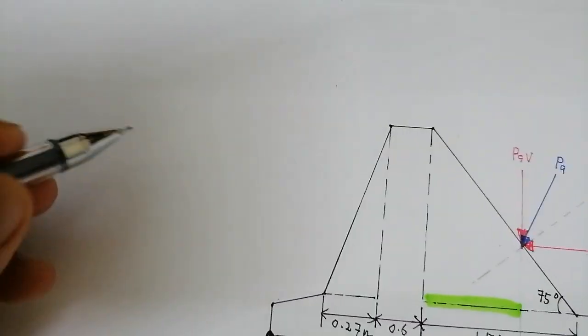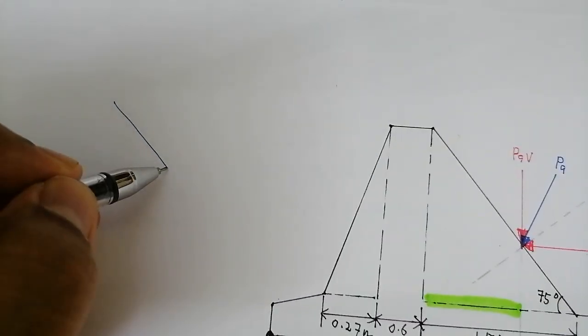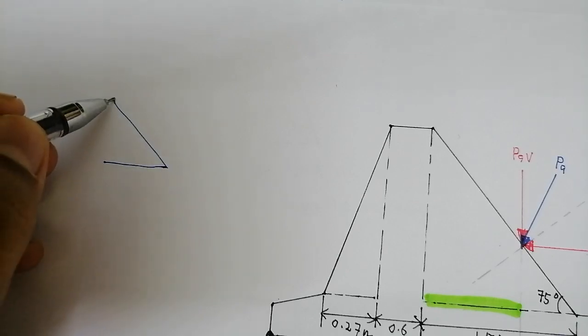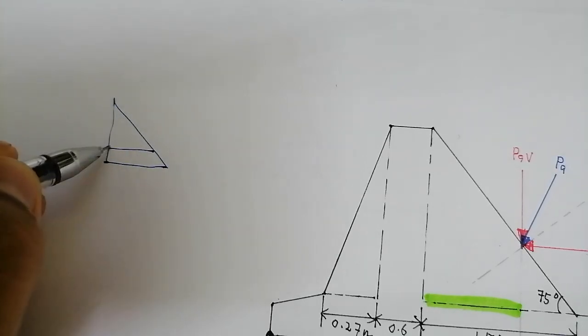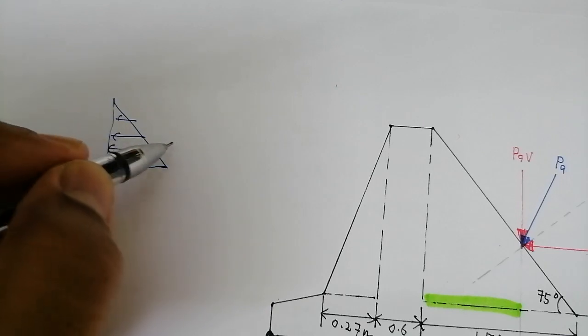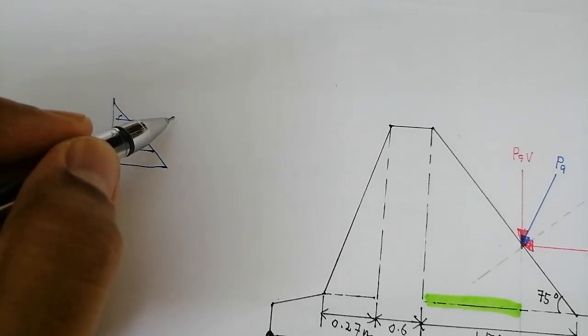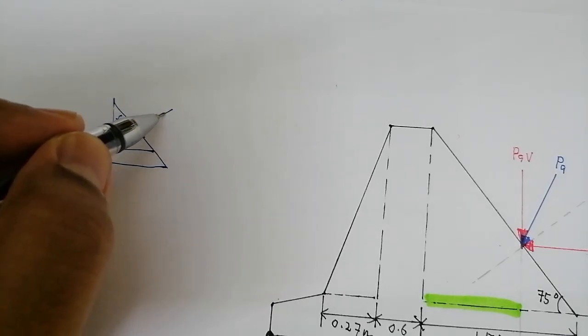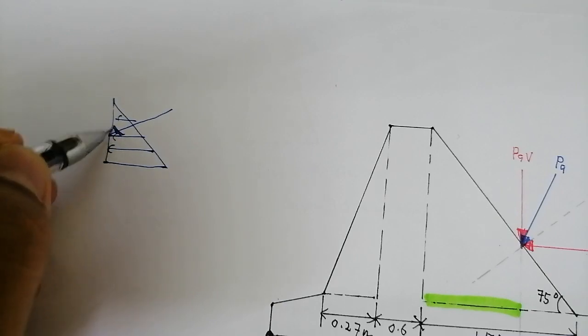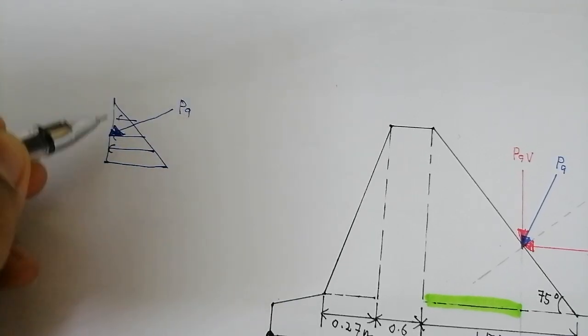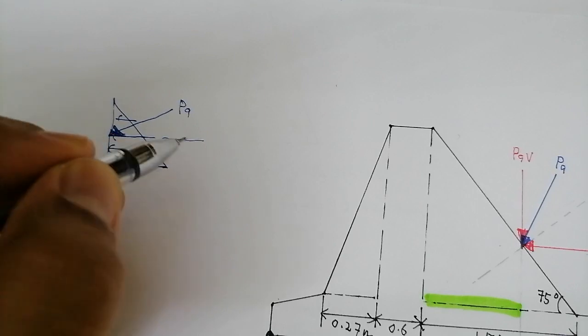So we have this triangle, and all the forces, and our PA is not horizontal, isn't it? It is like that. This is our PA, but the distance is still horizontal.